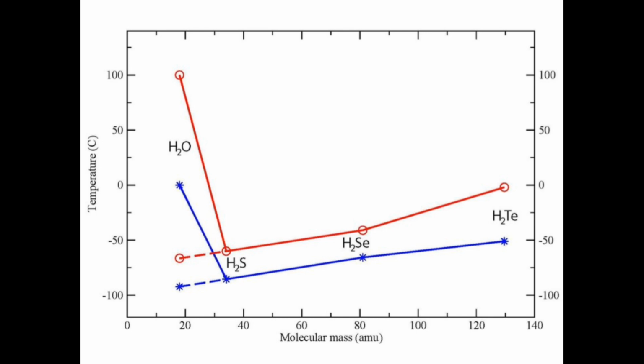Okay, so let's also try and see how we can be comparing the melting and boiling points of group 6 hydrides: water, H2S, H2Se, and H2Te. You observe from this graph that water has the highest melting and boiling point, and the melting and boiling point decreases as you move down.